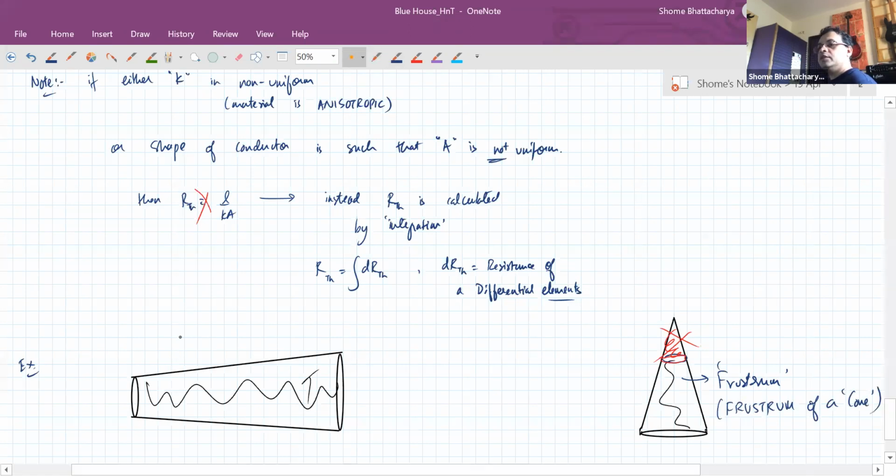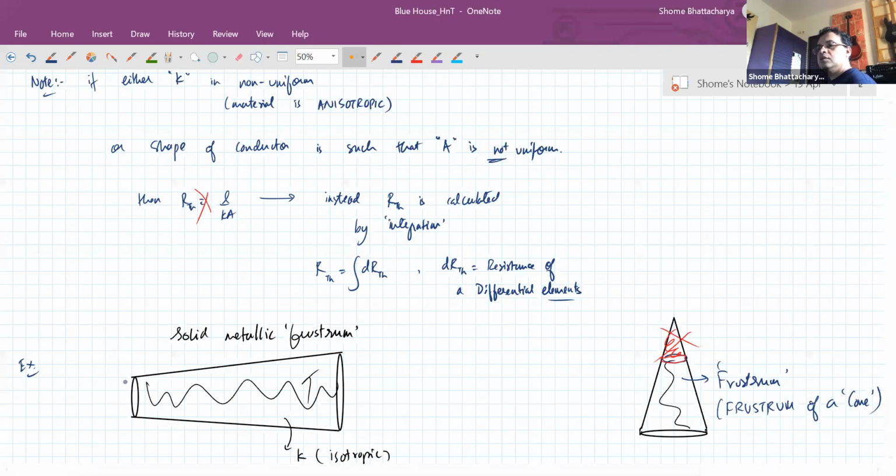So anyway, we have a solid metallic frustum. The metal has a thermal conductivity K. It's isotropic. And also, what is given to us is that the diameter of this side is 2a, and the diameter of this side is 2b.